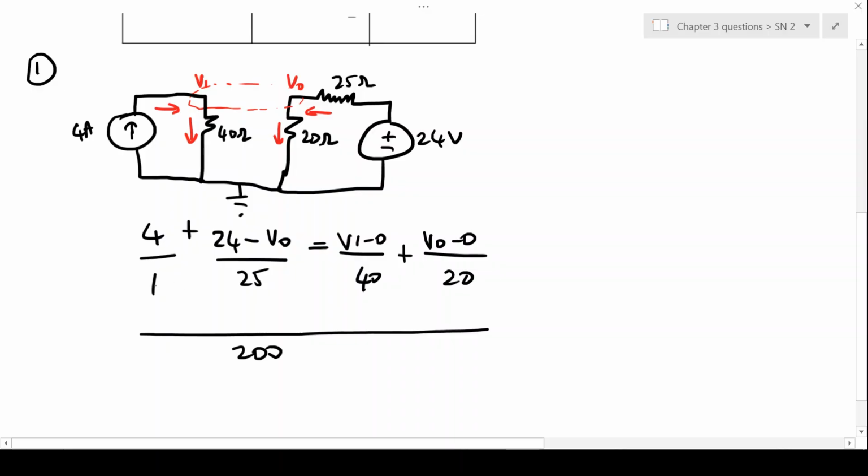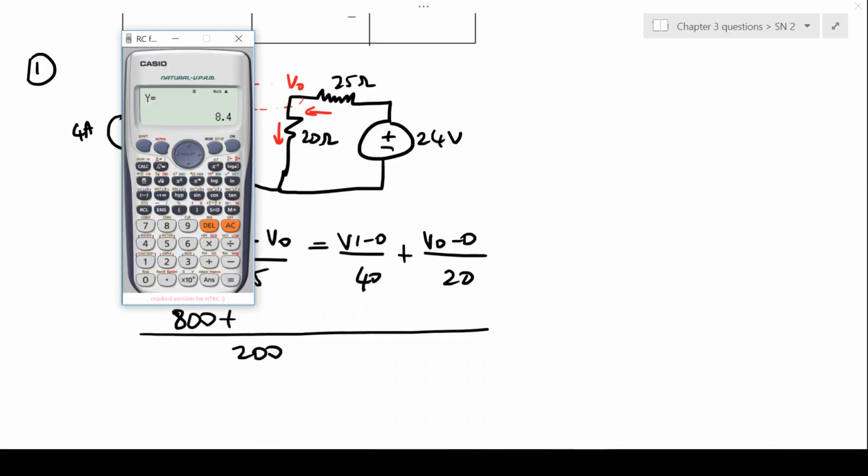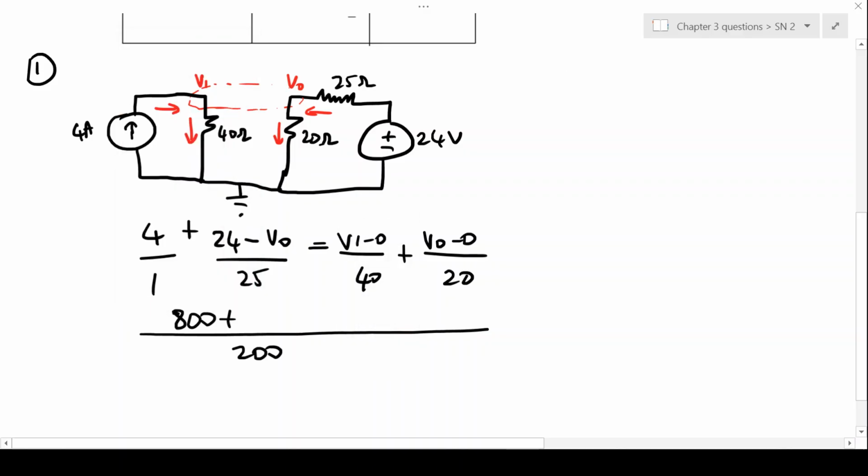So then we can say 4 times 200 will give us 800, plus 25 to 200 will be 8, so 24 times 8 gives us 192.